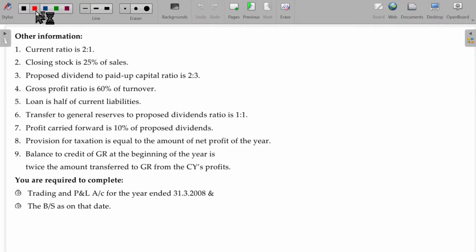So you have to finish up preparing the trading and P&L account for the year ended and balance sheet as on the date. Right. Let's start with one after one.